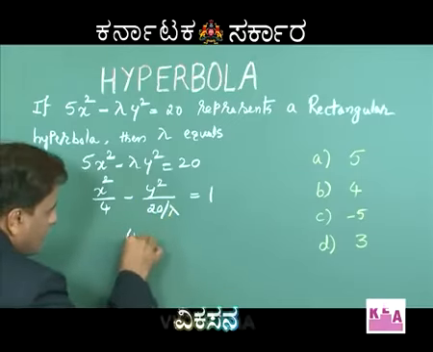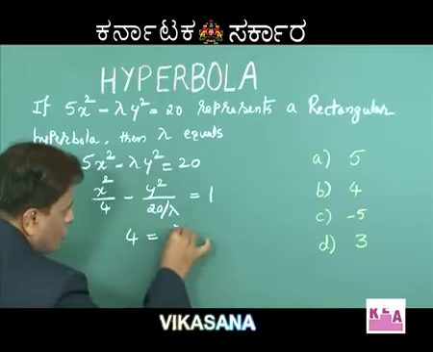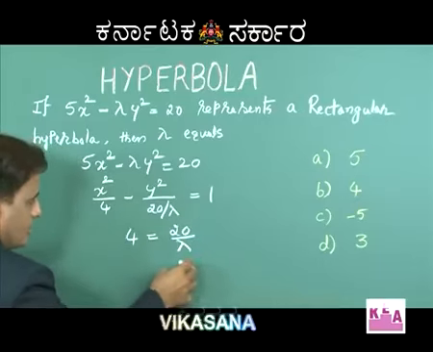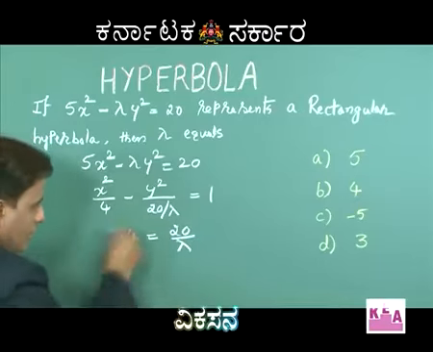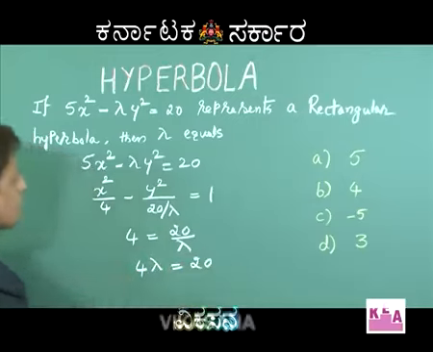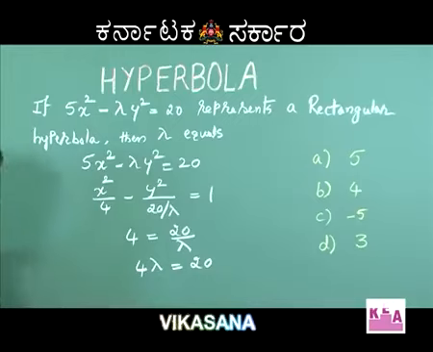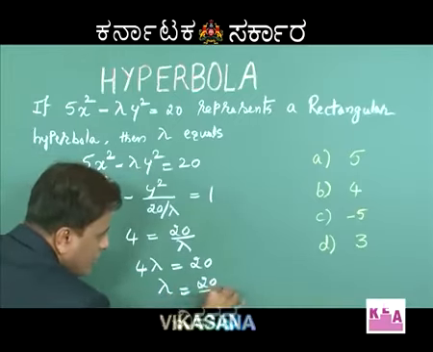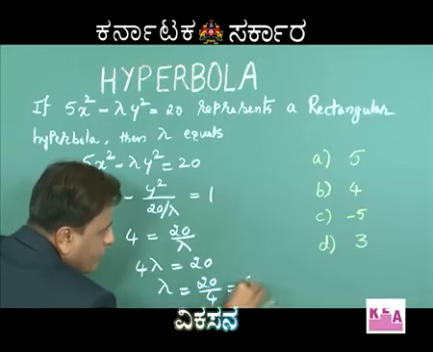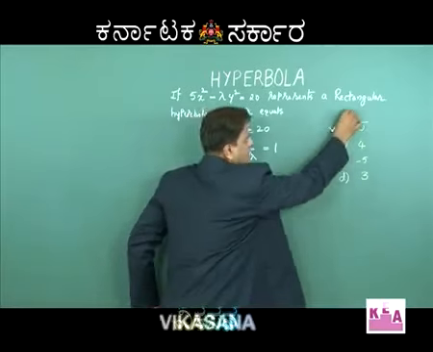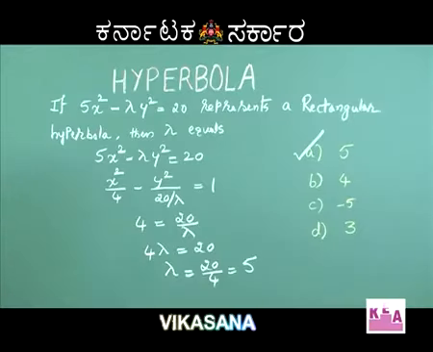So 4 is equal to 20 by lambda, 4 lambda is equal to 20, and lambda is equal to 20 by 4, which is equal to 5. Again the option is A, option A is correct. Please note down this example.